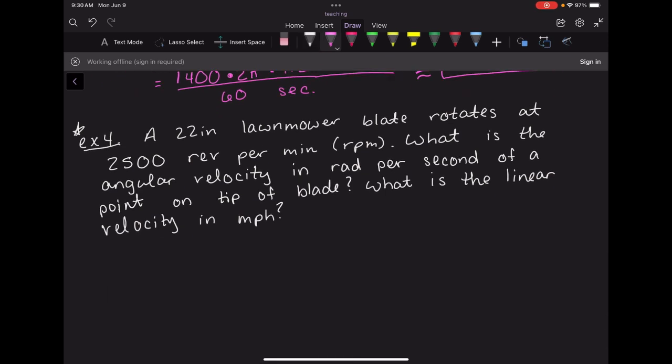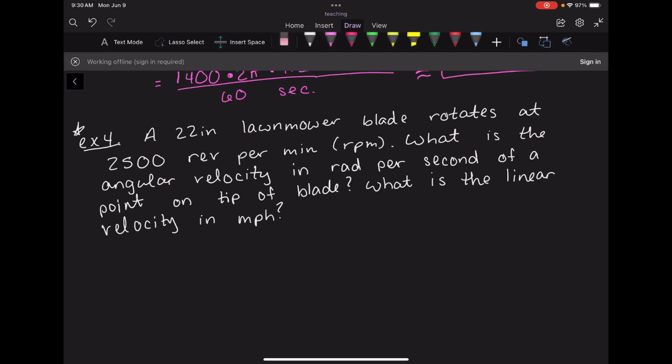So a 22-inch lawnmower blade rotates at 2,500 revolutions per minute. What is the angular velocity in radians per second? And then what is the linear velocity in miles per hour? So we're definitely going to need a few conversions.